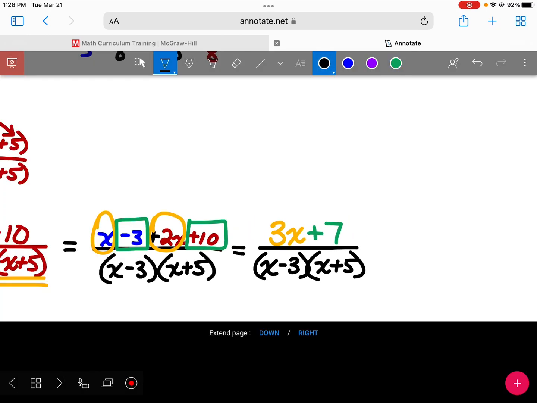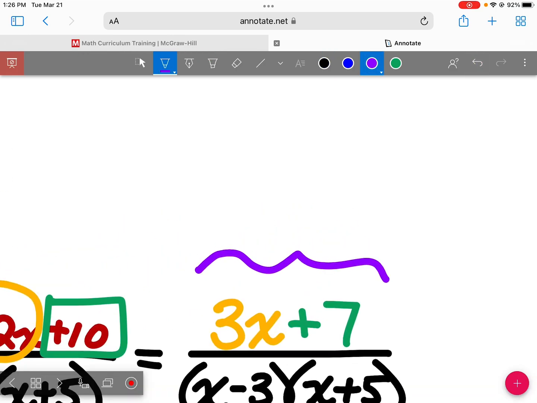All right, before I know whether or not I'm done, I have to check to see if this reduces down, which means I need to see if there's any common factors between the top and the bottom. Just looking at it as is, does it look like there's any common factors? Can I factor this numerator at all? No, why not? What pieces would need to be there if I'm going to factor it? Yep. I would need an x squared. There aren't any x squareds.